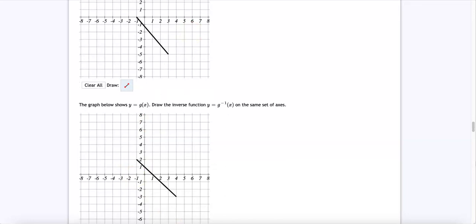So step 1, we're going to identify 2 clear points. Ideally, the endpoints would be nice. This one right here is -1, 2. And then this one over here is 4, -3.